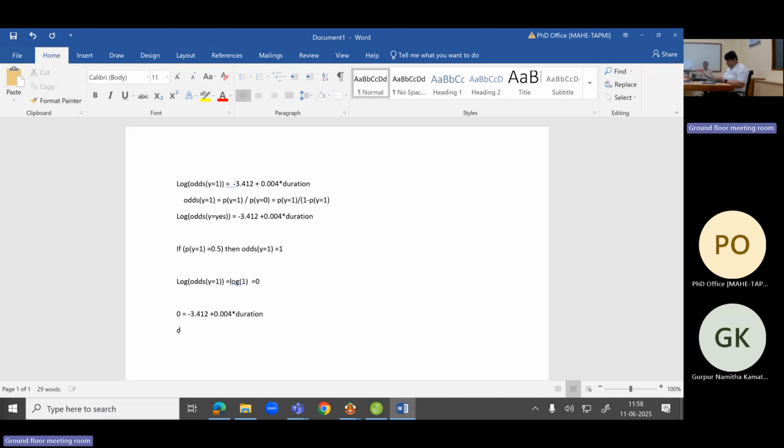So my duration would be equal to 3.412 divided by 0.004, which would be 3412 divided by 4, which is equal to 853 seconds.